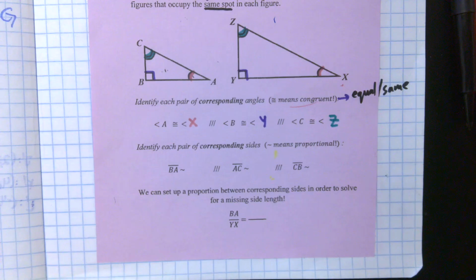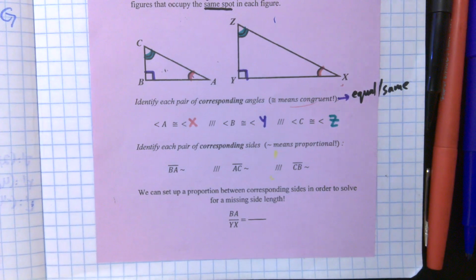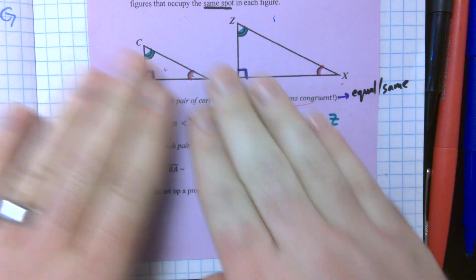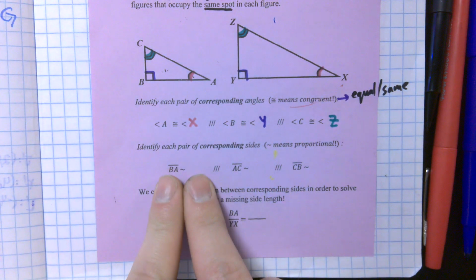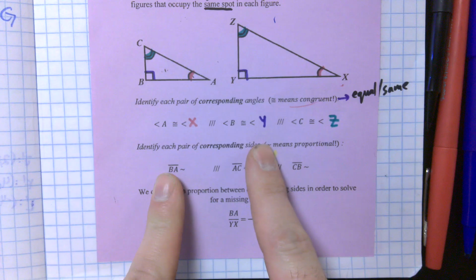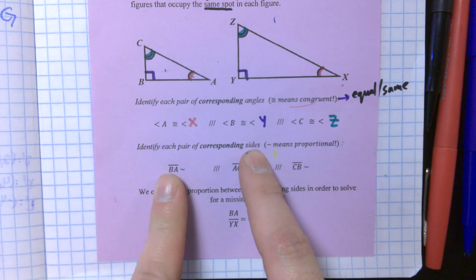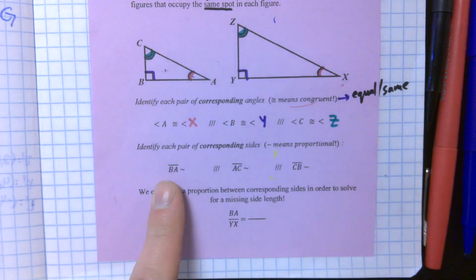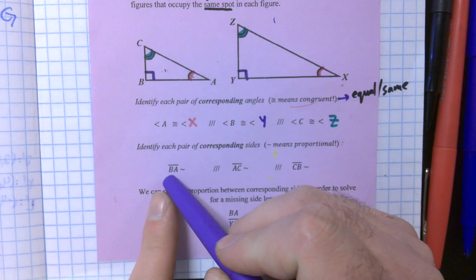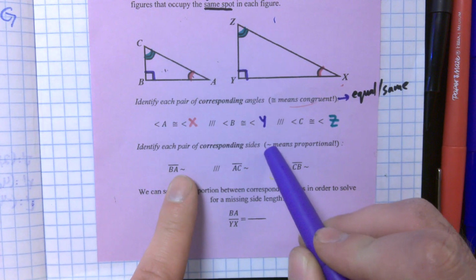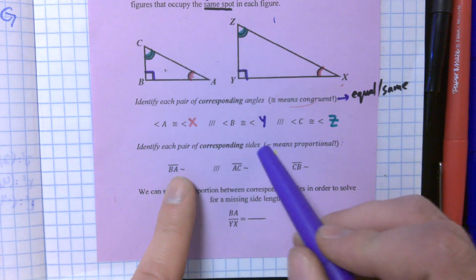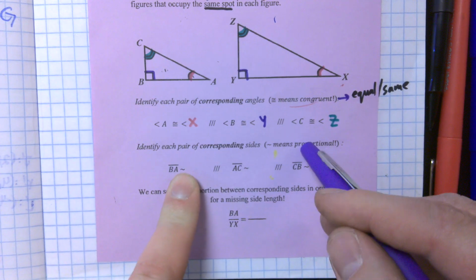Figuring out the angles is the easy part. The trickier part is figuring out the sides. We can tell that these 2 are similar. If I want to identify the corresponding sides, I've got to look at what sides I've got. So this first one says side length BA. This little squiggly line just means proportional, not equal, but proportional.